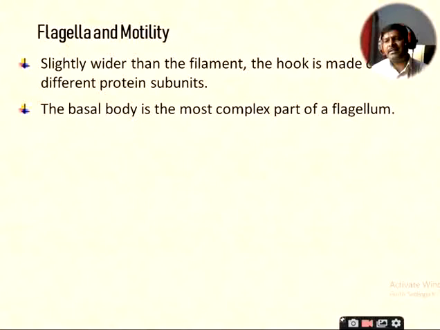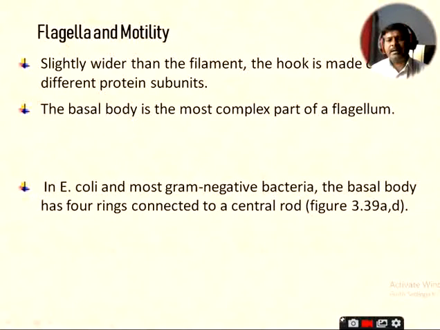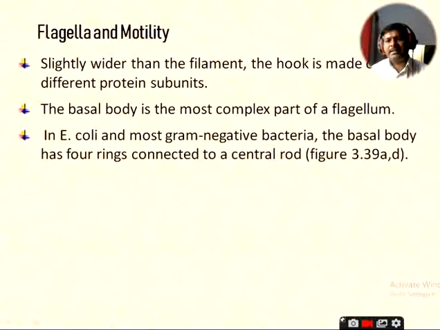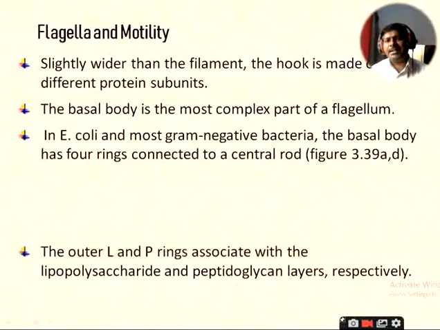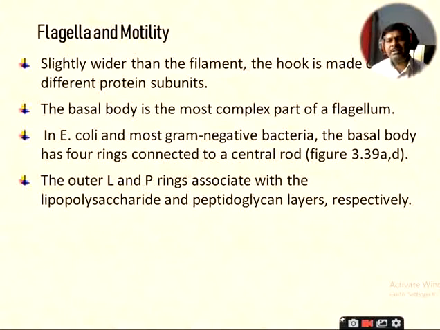In Escherichia coli and most gram negative bacteria, the basal body has four rings connected to the central rod, which we have already seen in the figure. The outer L and P rings associate with the lipopolysaccharide and peptidoglycan layers respectively.